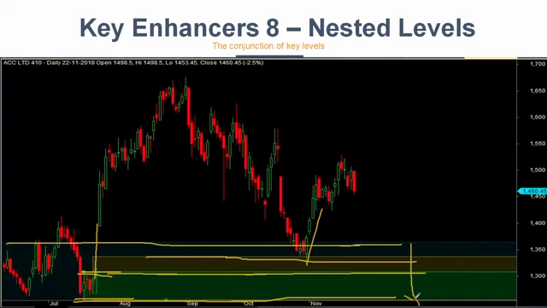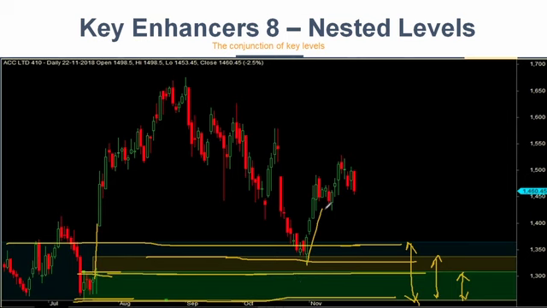This is my higher time frame zone. This is my intermediate time frame zone. This is my lower time frame zone, and I am trading only at the lower time frame. And I am still waiting.